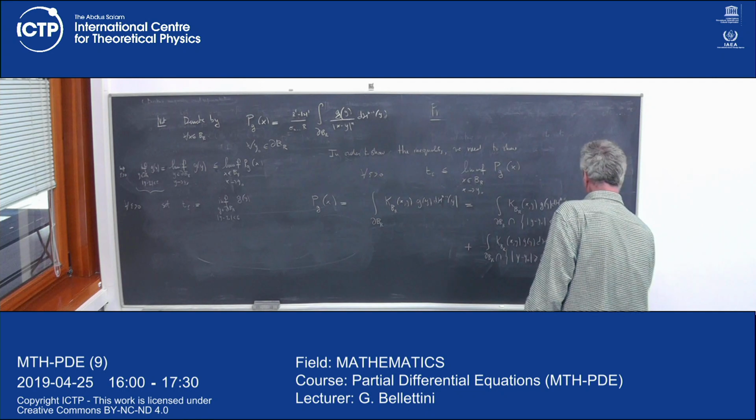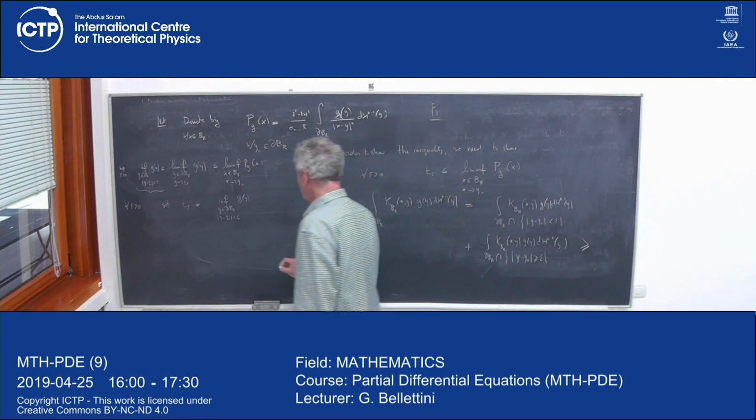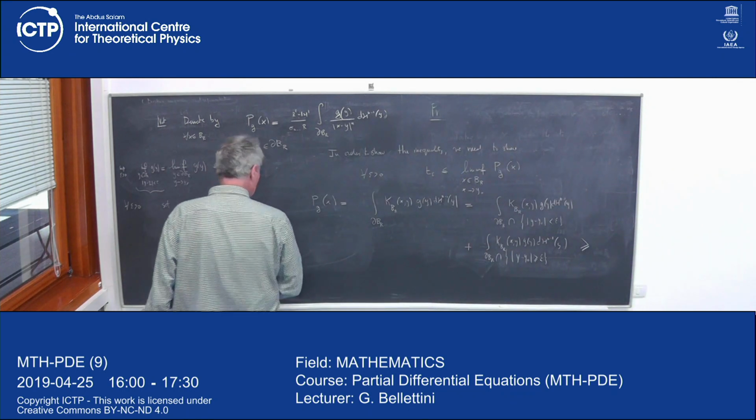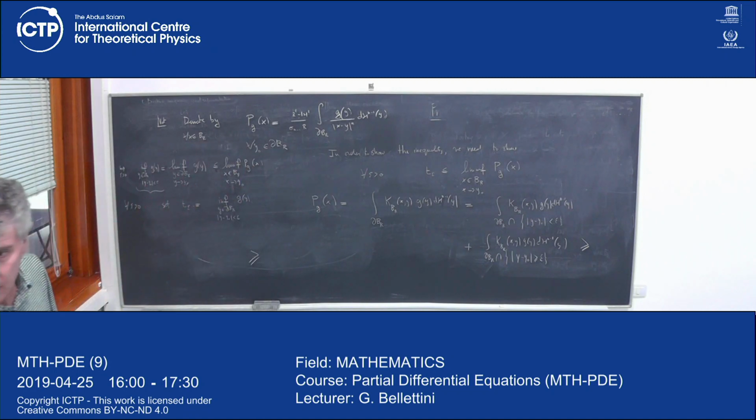So what would you do? Which kind of estimate from below seems natural to do once epsilon is fixed? It's always, no?